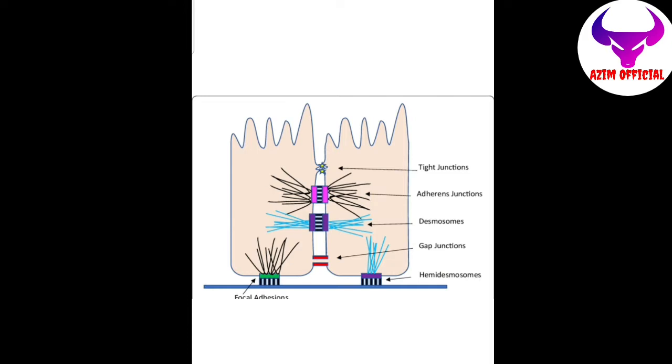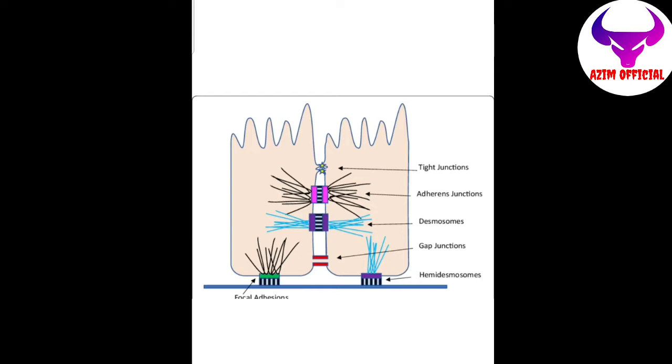And we have desmosomes and zonula adherens, which hold cells together. You can see the desmosomes and hemidesmosomes also. Hemidesmosomes, and focal adhesions, attach cells to their basal lamina mainly.